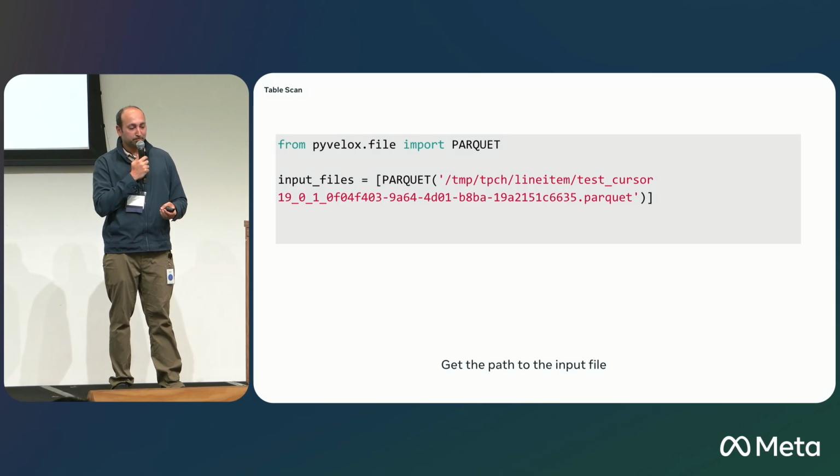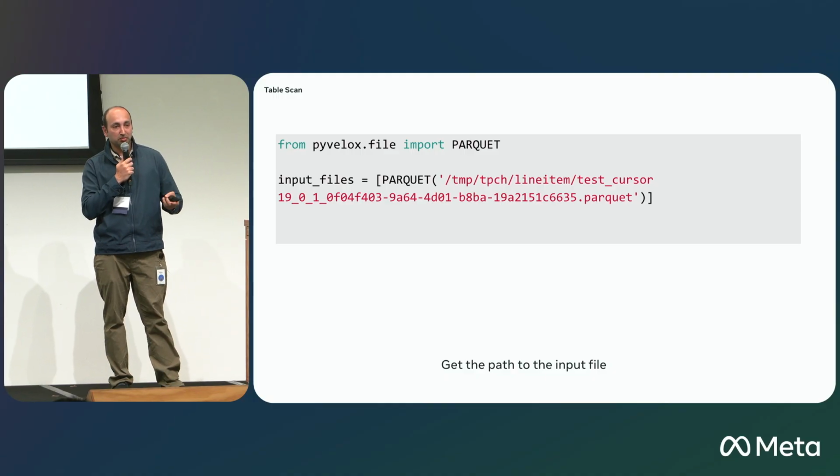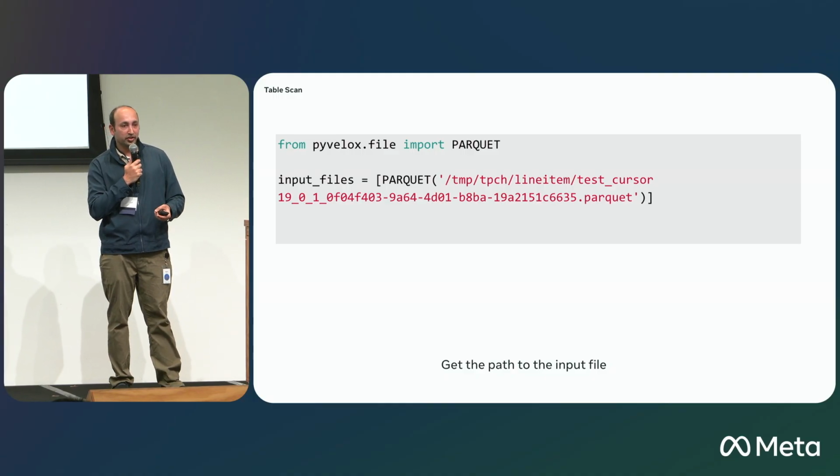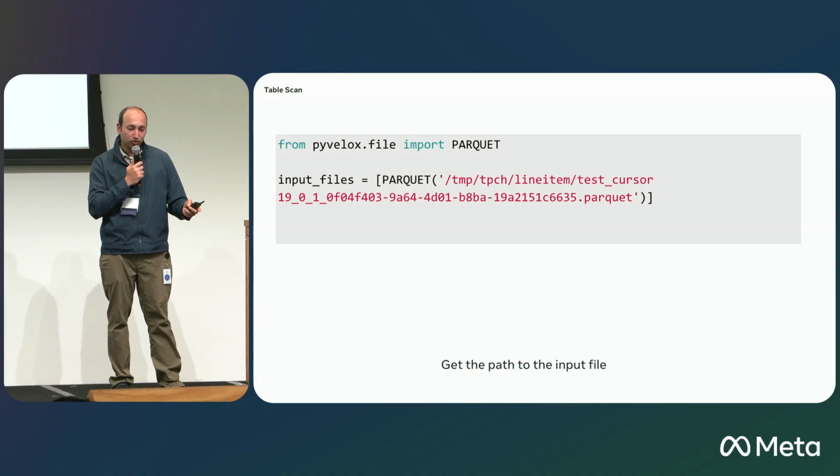At some point, maybe later, I'll put up a full tutorial on this, so you can write the data out, play, and create plans. In this case, I have pre-generated Parquet data, scale factor 1. The supported file formats, as I talked about, are Dwrf, Parquet, Nimble, all of these are supported.